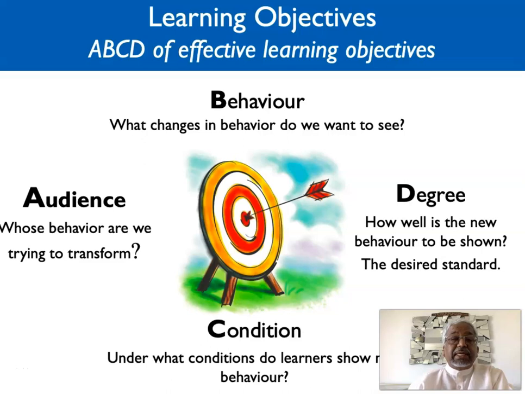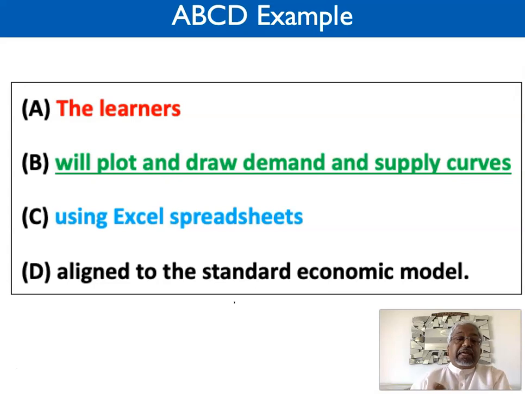So now let's test the ABCD rule with the example of the objective that we used earlier. We had said the learners will plot and draw demand and supply curves using Excel spreadsheets aligned to the standard economic model. You can see that the audience, A, are the learners.